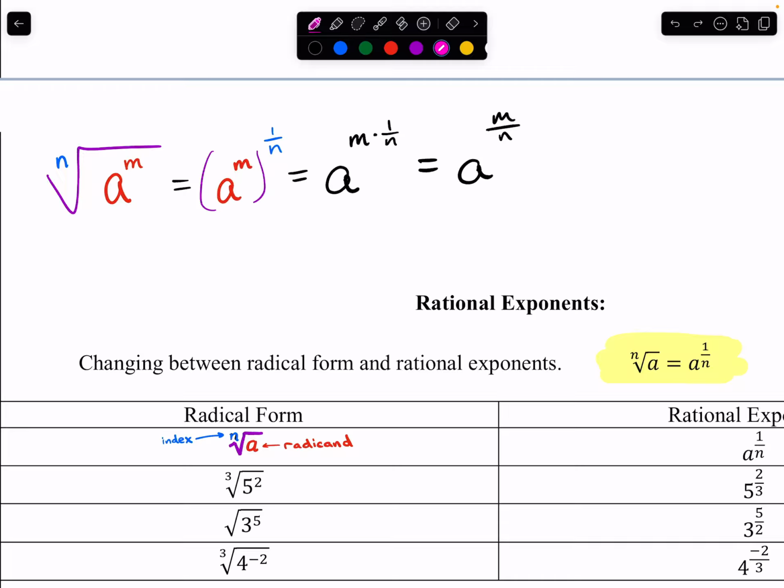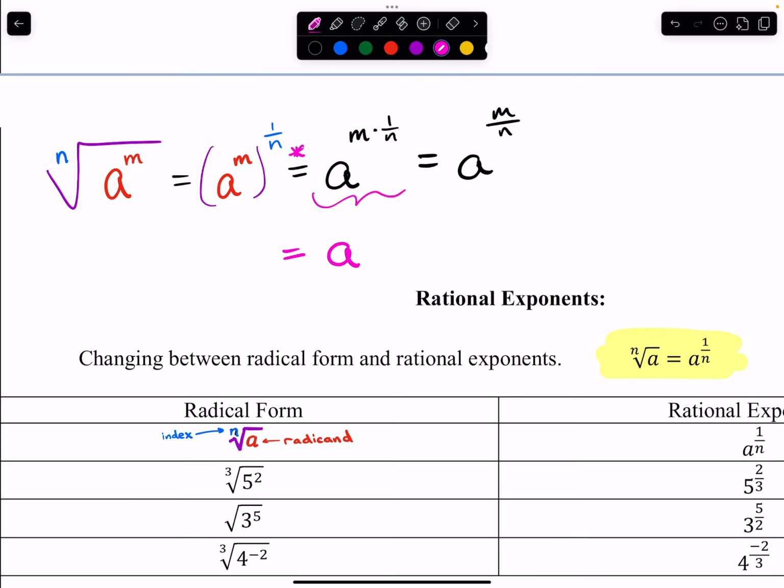If I stopped here, I could have also said that a to the power of m times 1 over n, doesn't multiplication have the commutative property, right? So in other words, order does not matter. I could switch m with 1 over n, and it would still be the same thing. Or I could write it as 1 over n times m.